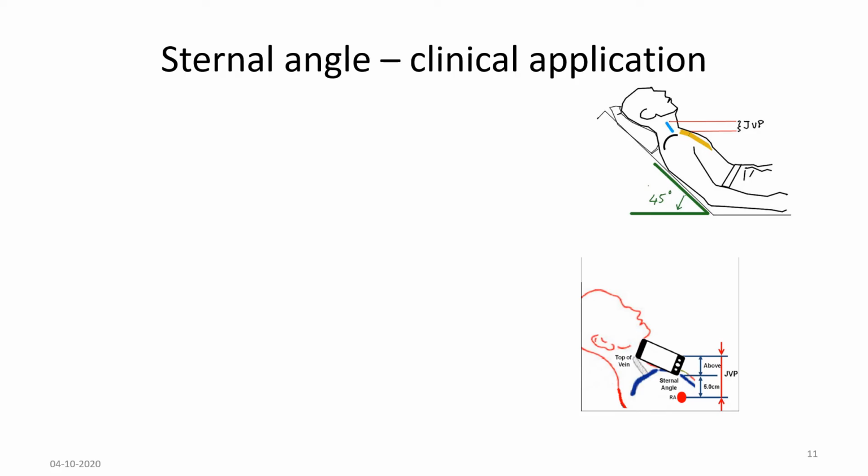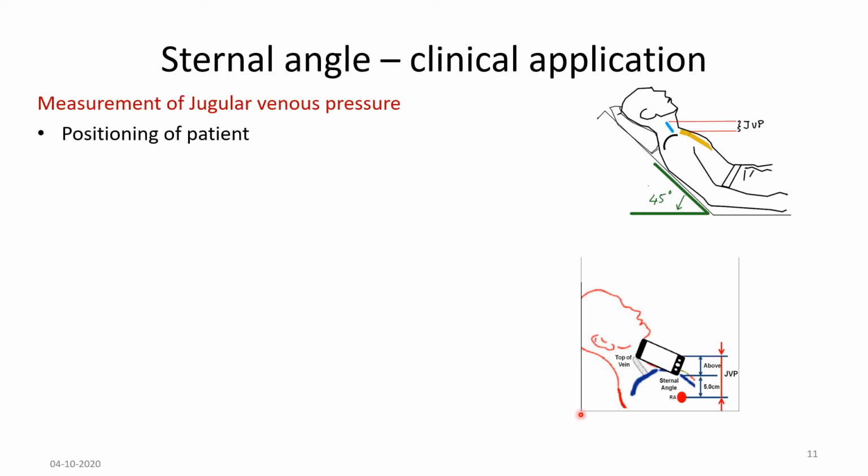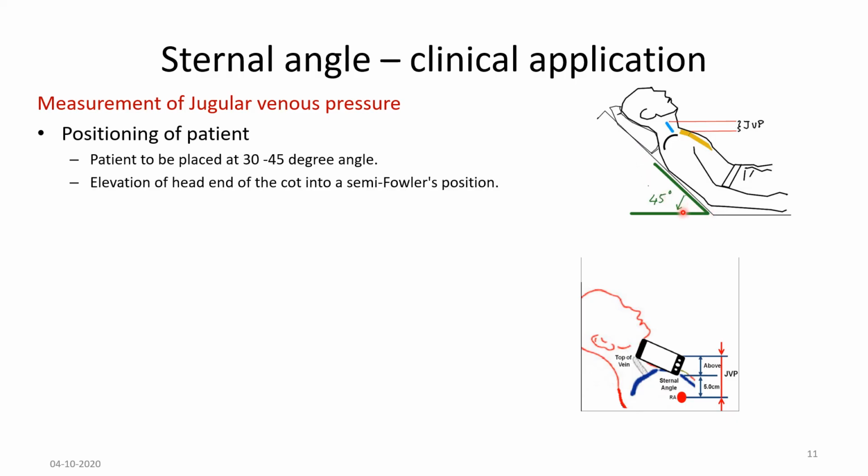Coming to the measurement of the jugular venous pressure. The patient should be placed at a 35 to 45 degree angle as shown in this picture, with the head end elevated, in the semi-Fowler's position.